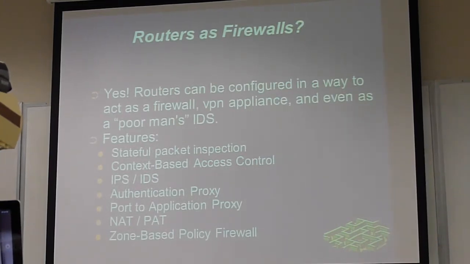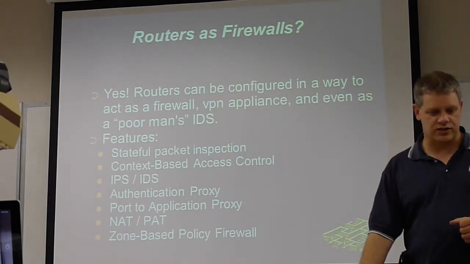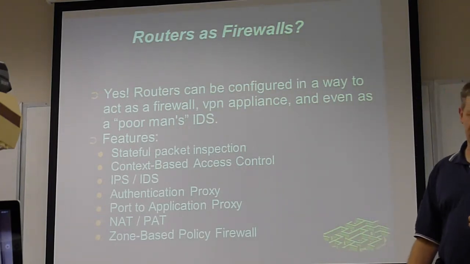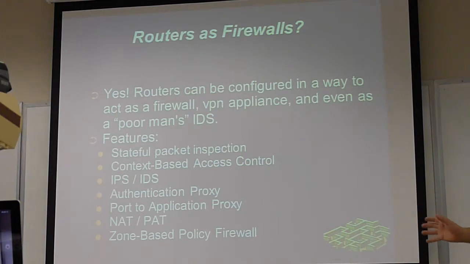So, routers as firewalls. Yes, routers can be configured to act as a firewall, a VPN appliance, and even what we call a poor man's intrusion detection system. It has stateful packet inspection, which we're going to talk about a little later, and that's a key piece of the lecture tonight.